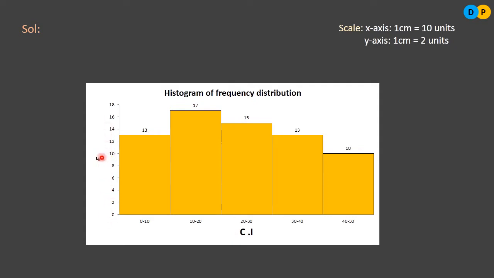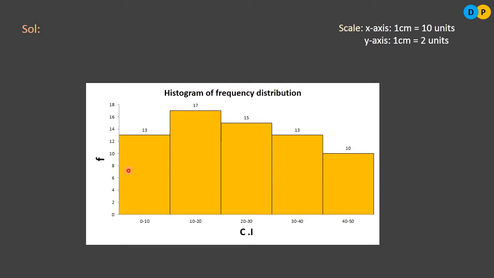So what is the scale for frequency? On the y-axis, 1 centimeter is equivalent to 2 units. Now we need to erect the rectangular bars. You can see rectangular bars erected corresponding to each class interval.